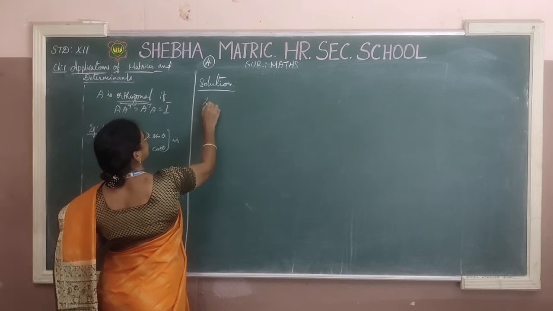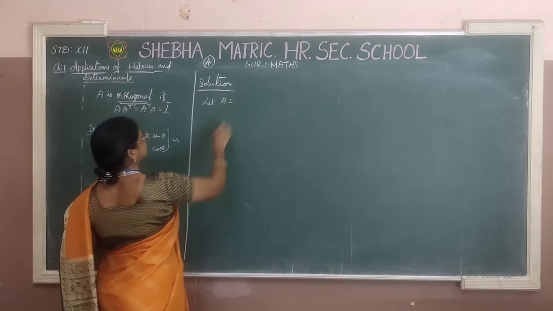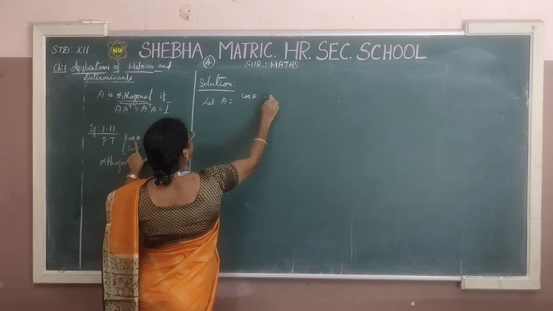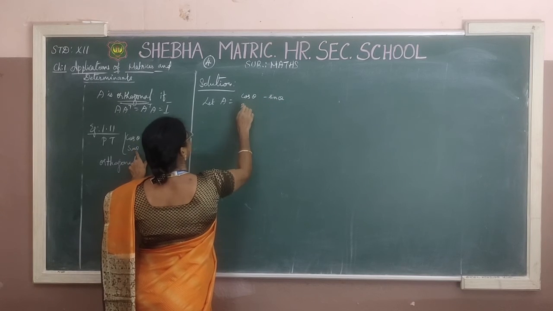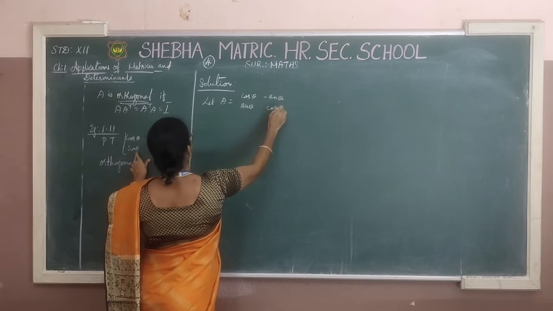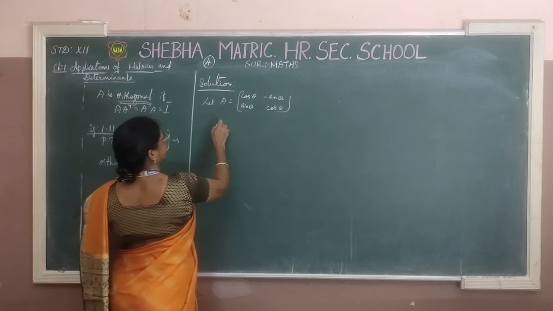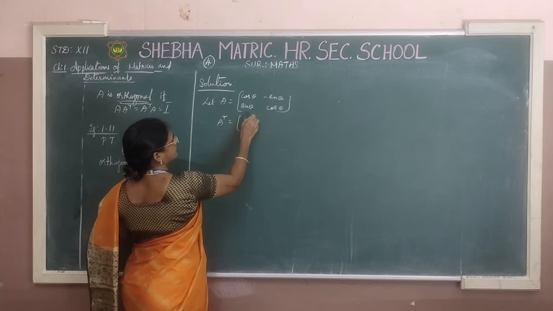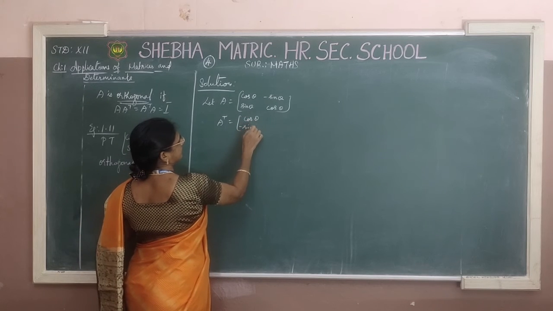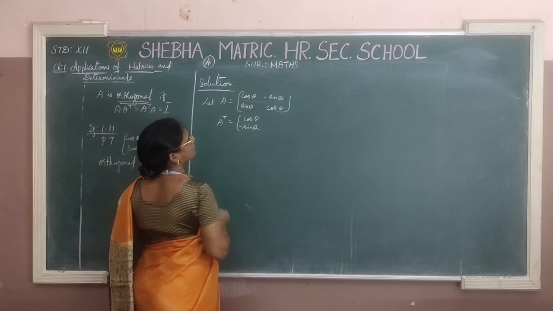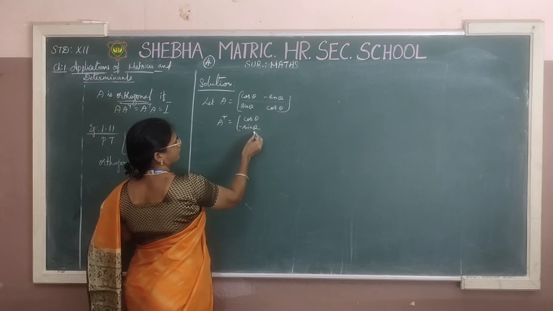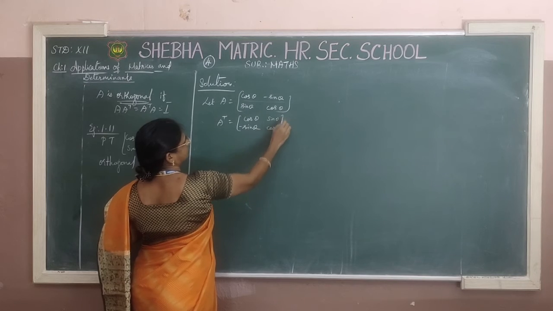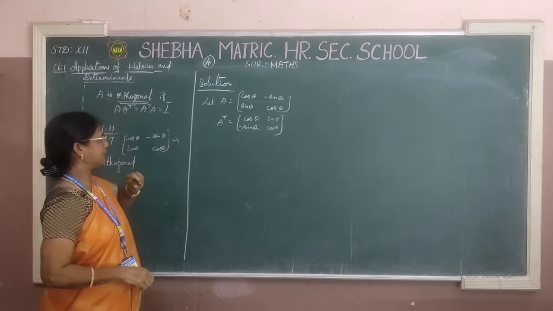First, let us assume the given matrix as A. So, A is equal to [cos theta, -sin theta; sin theta, cos theta]. This is our A. Therefore, A transpose is [cos theta, sin theta; -sin theta, cos theta]. You just have to write rows as columns. So, this is our A transpose.